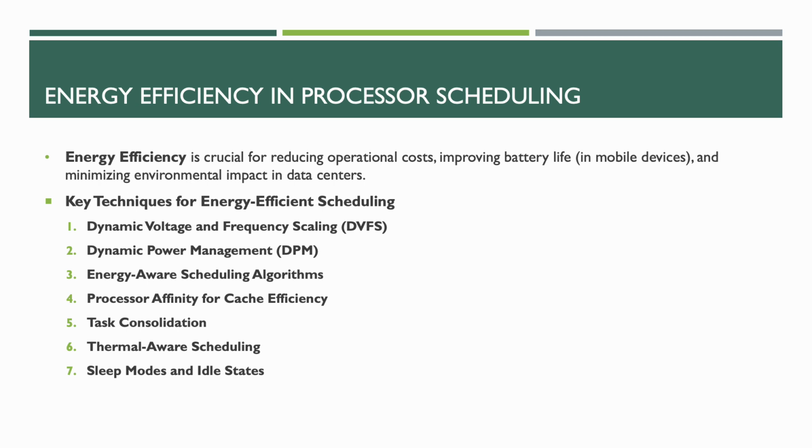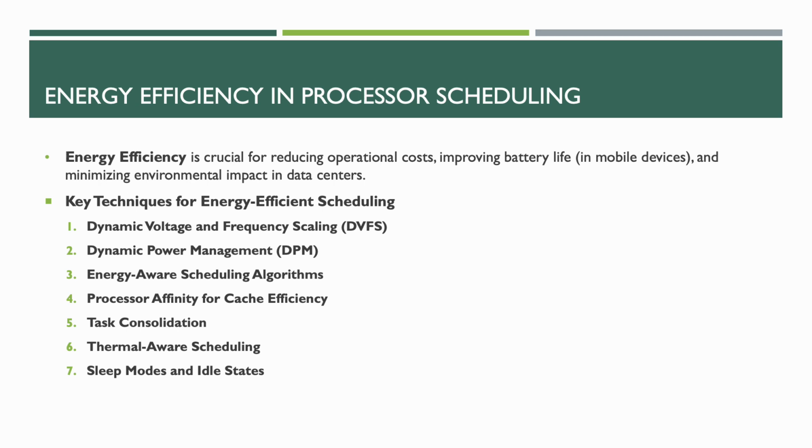Second is dynamic power management. It automatically powers down unused components to save energy. Third is energy aware scheduling algorithm. It modifies task scheduling based on power consumption metrics rather than just CPU availability.